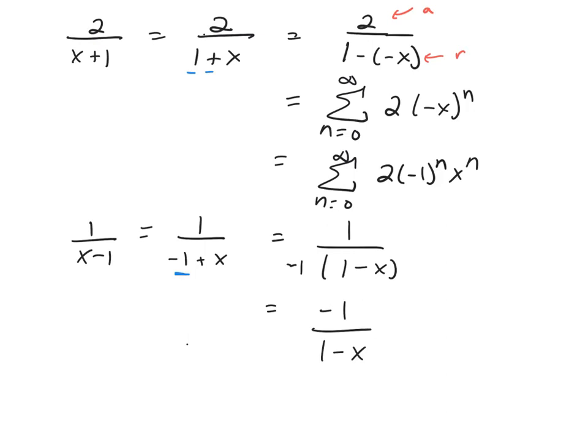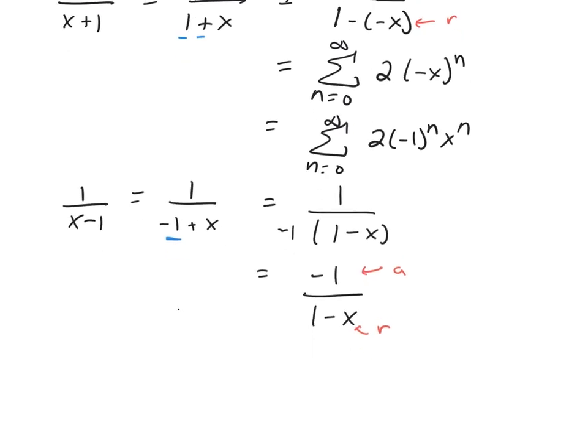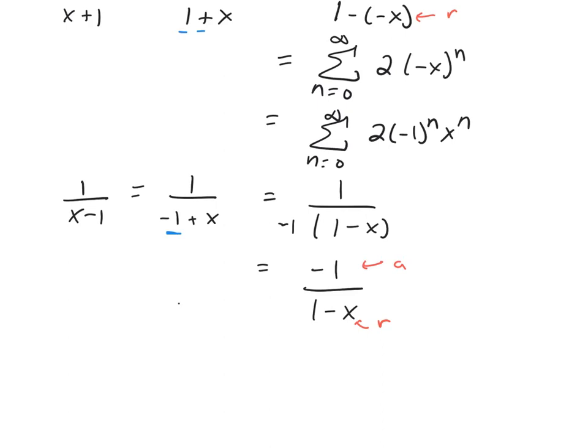So here is my a in the top, negative 1, and here is my r, it's just x. So my power series here would be the sum of negative x to the n.